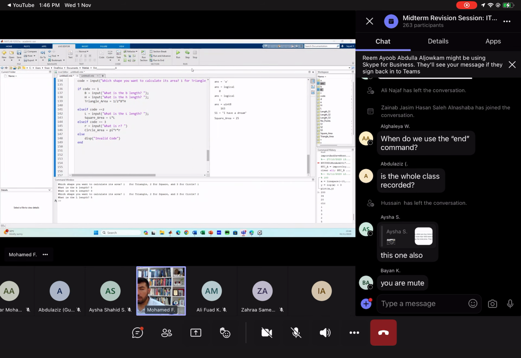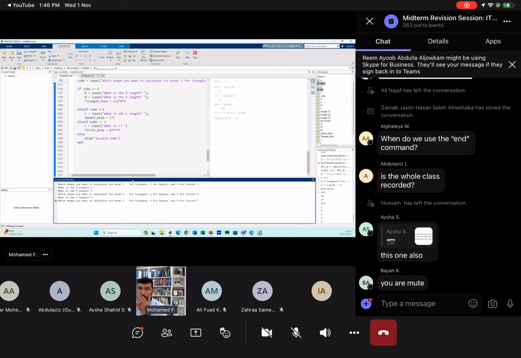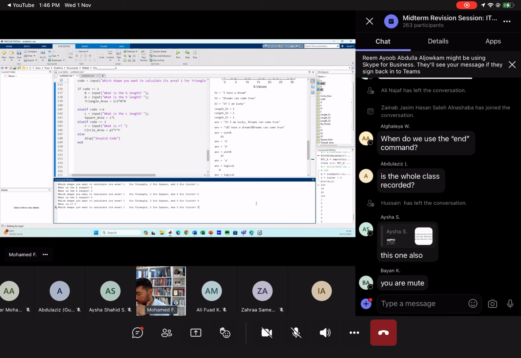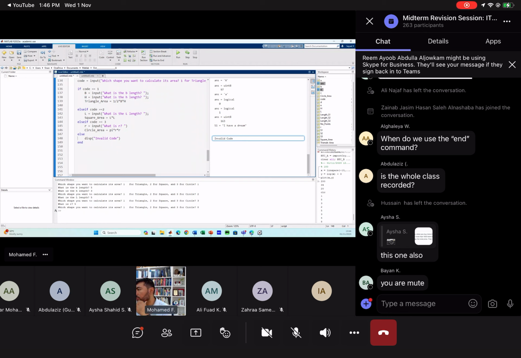The square area is 25. Now, if we run it again and we take a 3, which is the circle, and I put 5, it will give me the area of the circle. Now, what if I run it again and put, for example, the code as number 8? It will give me invalid code.